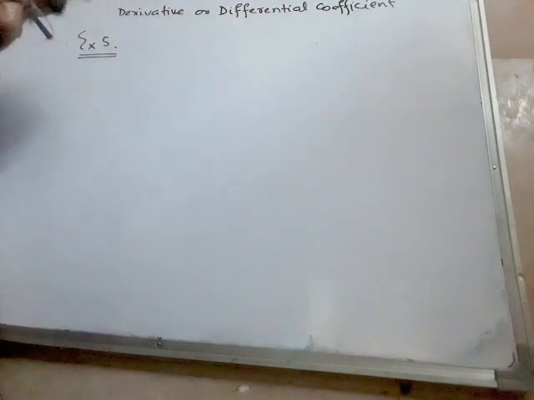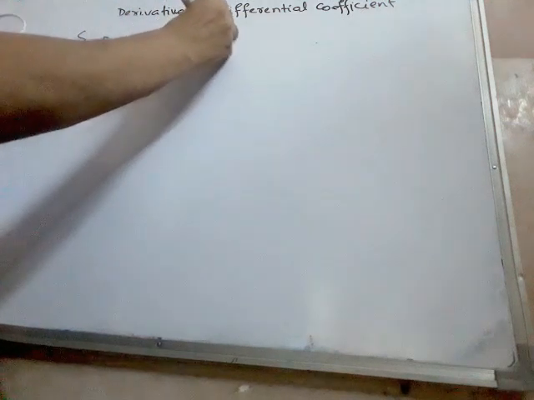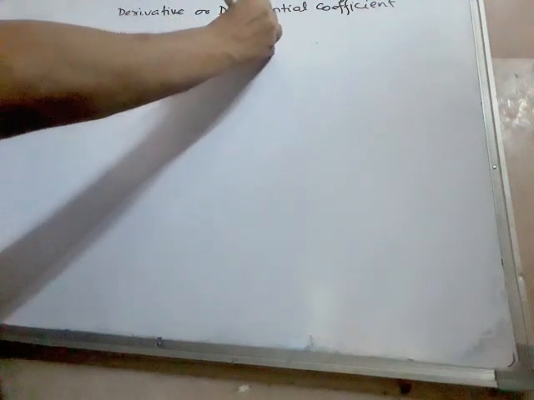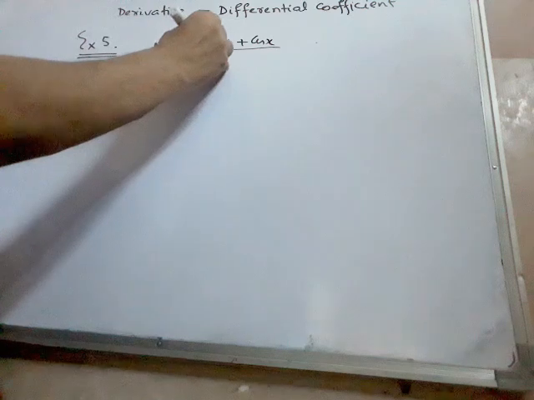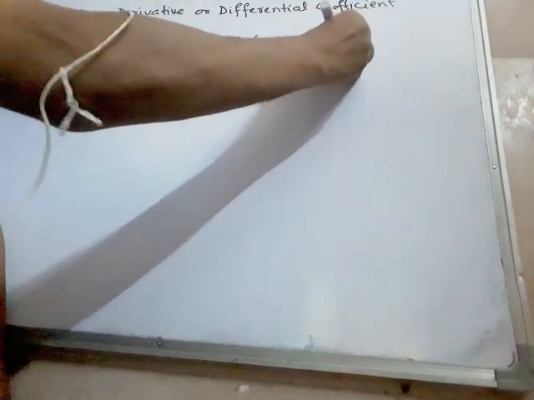Example number 5. Say y equal to (sin x plus cos x) divided by (sin x minus cos x). Find dy by dx.